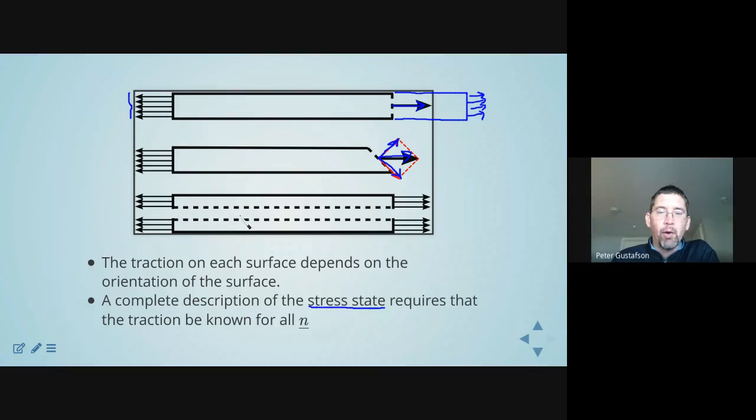So as we've now exposed, we're looking now at the third one. We've exposed this internal surface. We need to do the sum of all forces on this internal surface. So I'm going to take the bottom half. We see that we have a uniform stress here on the left-hand side times an associated area.